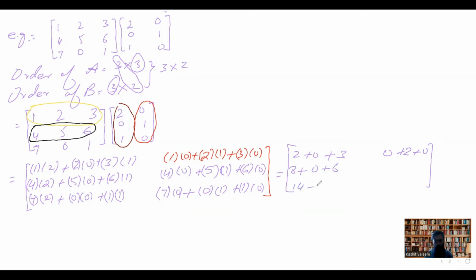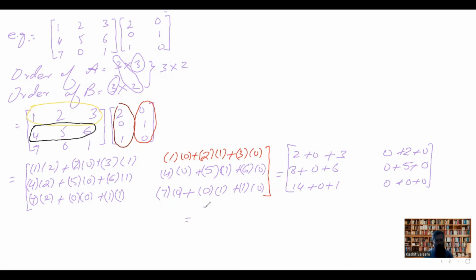And this is 14 plus 0 plus 1. And this is 0 plus 5 plus 0. And last is 0. So this is 0 plus 0 plus 0, because 7 multiplied by 0 is 0, 0 multiplied by 1 is 0, and 1 multiplied by 0 is 0.